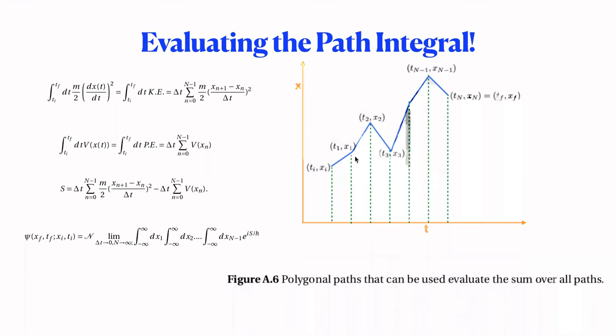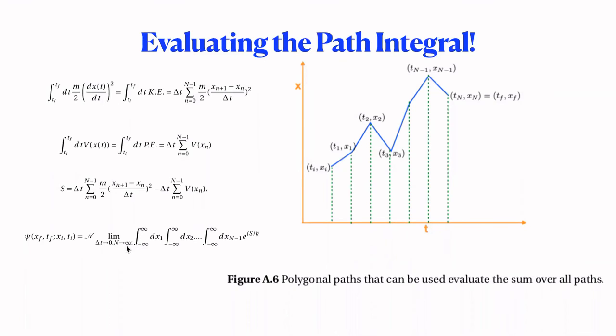You have to assume that this x1 can be anywhere between minus infinity and plus infinity, because the particle could take any possible path. So you integrate over all possible values of x1. Similarly, you have to integrate over all possible values of x2, then x3, all the way to xn minus 1, and therefore you have an infinite number of integrals. And then, of course, you have to sum over all the possible paths.